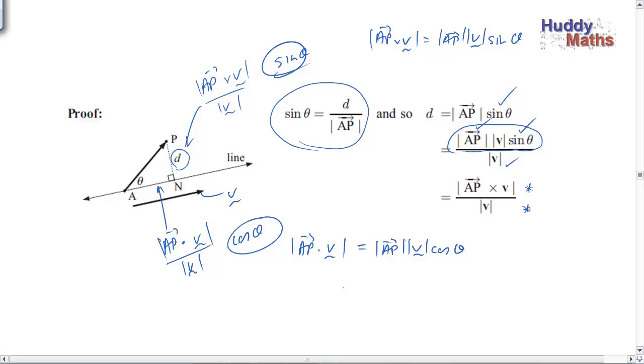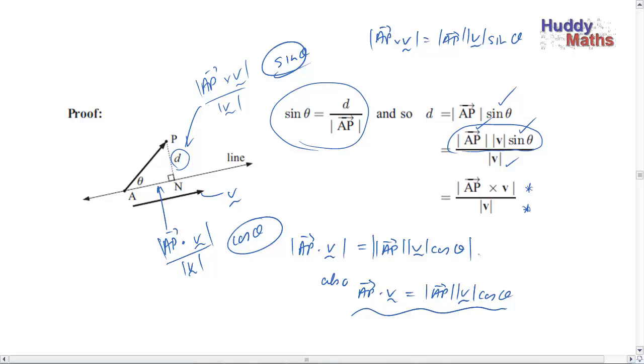In fact, this one also, so we put here also, AP dot V equals the length of AP, length of V cos theta, if we're trying to actually find the angle cos theta, therefore. All right, well, let's have a look then. What we should have here, sorry. The size of all that has to be positive.